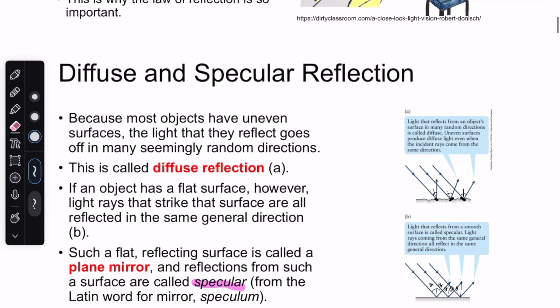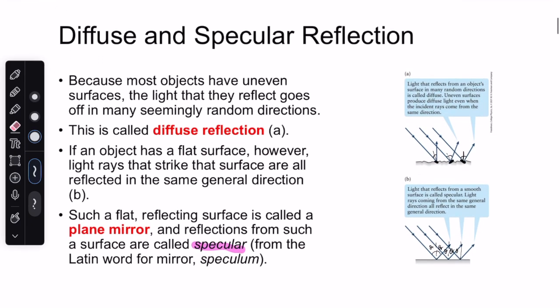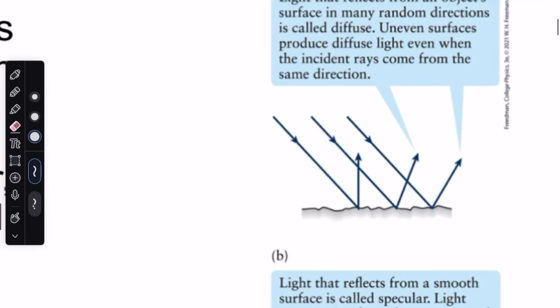So there's two types of reflection. Diffuse reflection is the type of reflection that occurs from most objects, and that's because most objects are not perfectly smooth. So you have a bumpy surface, and you're going to have different angles that the light will strike, right? Different angles of incidence. And we know the angle of incidence equals the angle of reflection, and that's based on the normal vector.